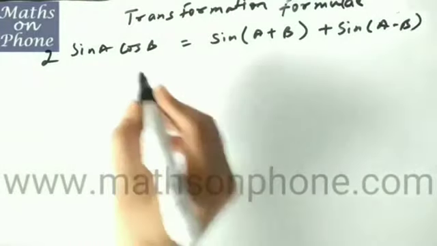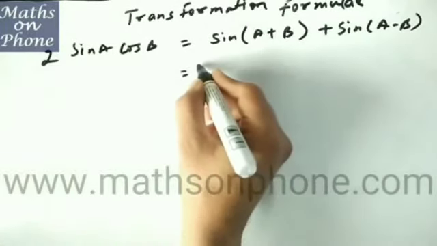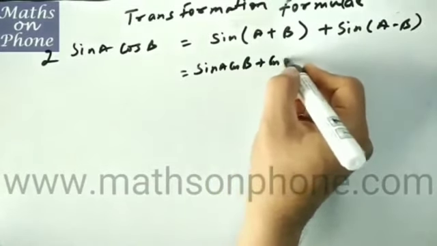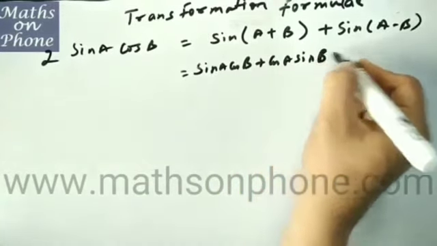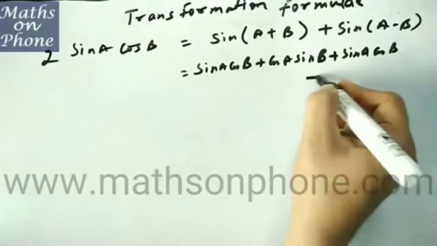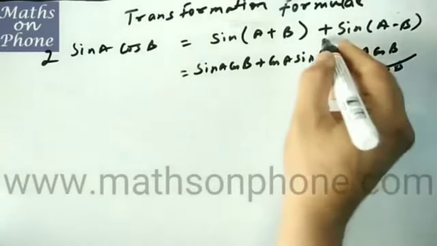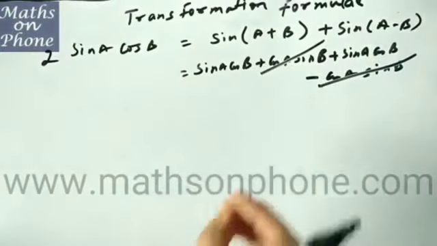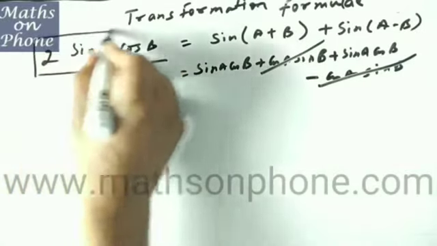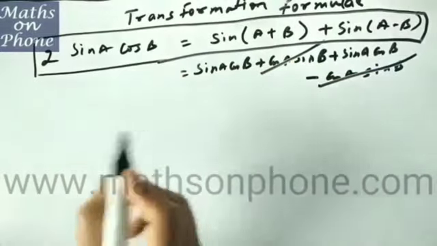How is it coming out? You can just see. If you write the expansion of sin(A+B), you know this is sin A cos B plus cos A sin B, and here for sin(A−B) the expansion is sin A cos B minus cos A sin B. So you see this gets cancelled out and you are left with 2 sin A into cos B. So just remember, 2 sin A into cos B is sin(A+B) plus sin(A−B).